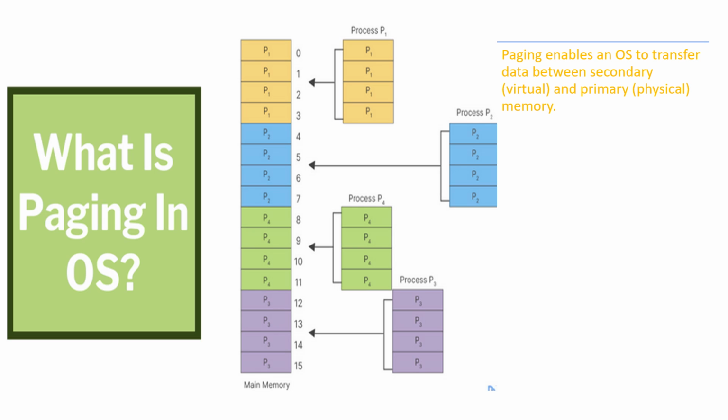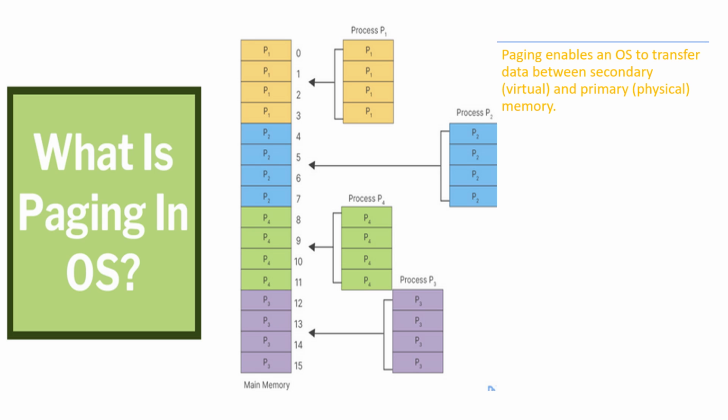Paging enables an OS to transfer data between the secondary memory, or we can say the virtual memory, and the primary memory. This transfer has to be done during the execution of processes.